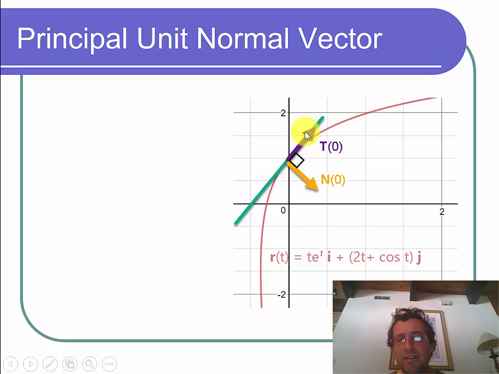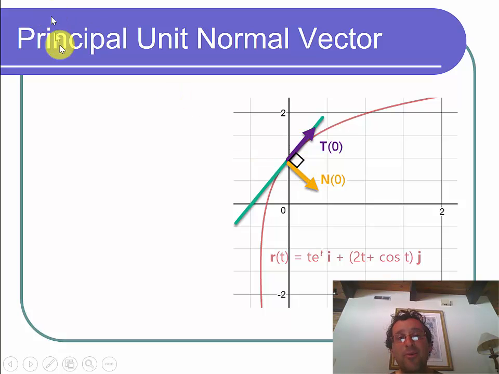And what we want to do is find a unit normal vector. That means we want to find a unit vector that is orthogonal to the vector capital T, to the tangent vector. One conundrum we have is that there are always two vectors that are normal to a specified vector in the xy plane.